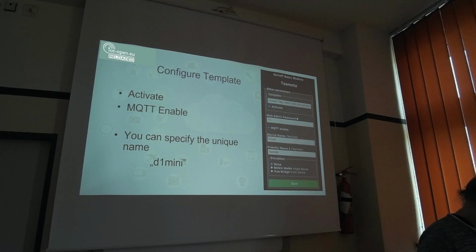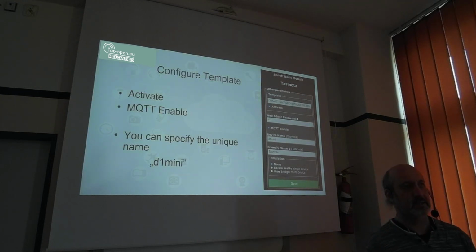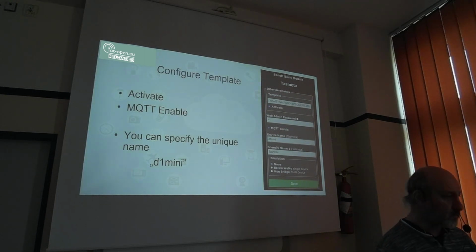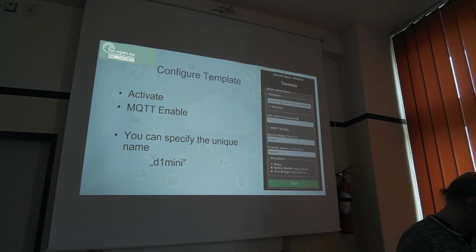Here we can provide the template. We can download this template from the website that describes different devices. And if we use this template, we need to activate it, and also it is good to activate MQTT to be able to communicate using the MQTT protocol with topics.